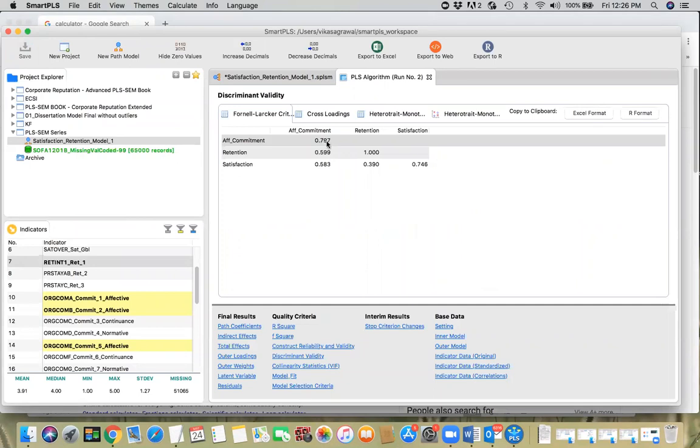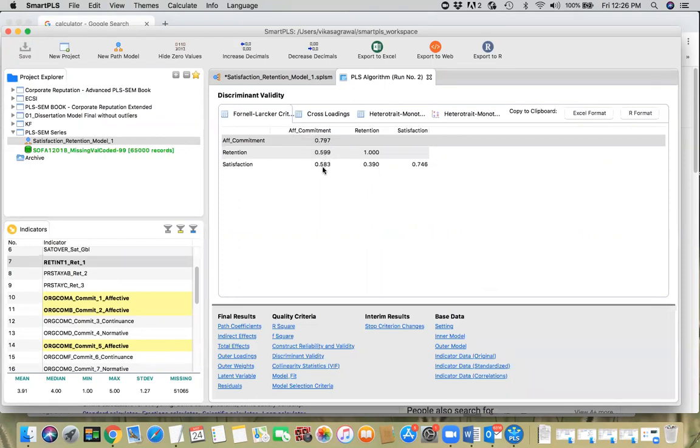So that means the correlation between the construct and its indicators is 0.797, but the correlation between commitment and retention is 0.59, and the correlation between commitment and satisfaction is only 0.58, so these are lesser than this one.